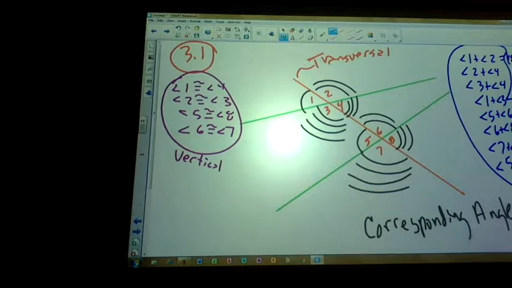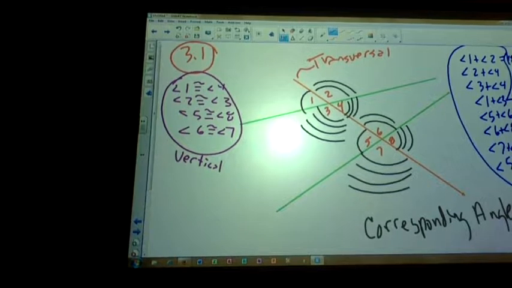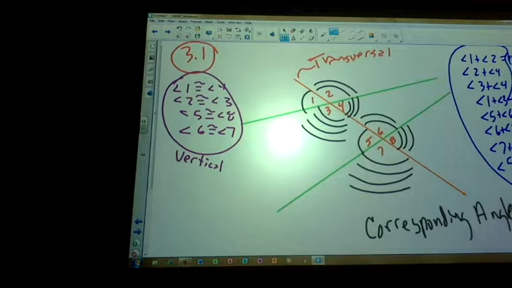Corresponding angles happen to fall into the same location. So angle 1 and angle 5 are corresponding angles because they're in the upper left part of the graphs. Angle 2 and angle 6 are corresponding because they're in the upper right portion. Angle 4 and angle 8 are corresponding because they are in the lower right. And angle 3 and angle 7 are corresponding because they're in the lower left.